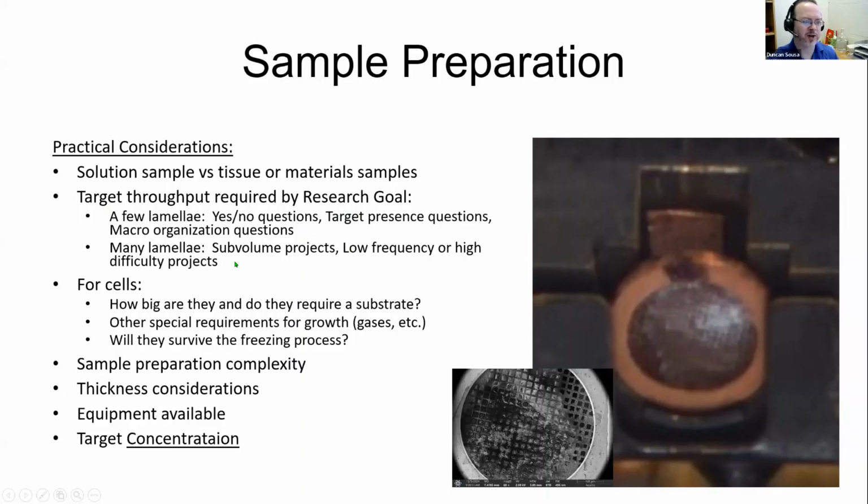And then you have the subvolume projects. These are the ones where I'm going to need to average a whole bunch of stuff, because I'm just not going to get the resolution that I want without averaging a whole bunch of stuff. This is going to require many lamella, often 100 or more. You may also have a low frequency thing.